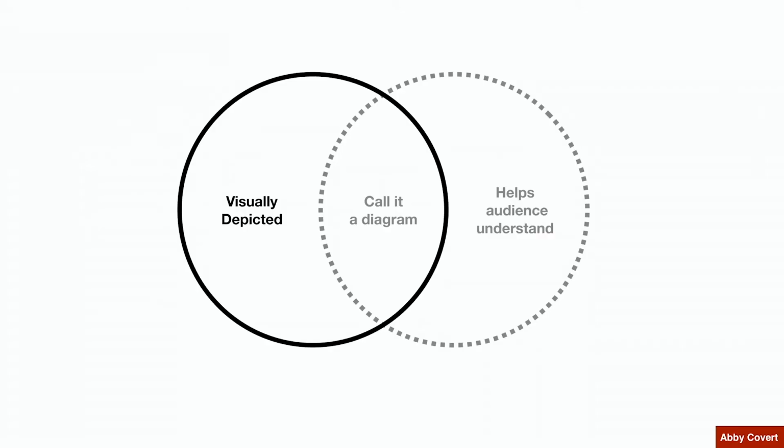Diagram as a noun feels best defined and ontologically bounded by the framing that a diagram must help someone to understand something in order to qualify as anything more than any other visual depiction. I like this as a teacher because it reminds us of our ever-present user-centered goal when diagramming. But also, as a practitioner, this definition keeps me from seeking perfection because it tells me when I am diagrammatically done.